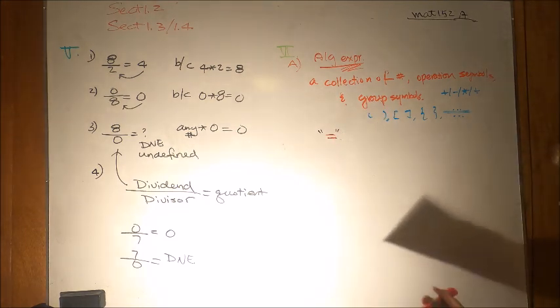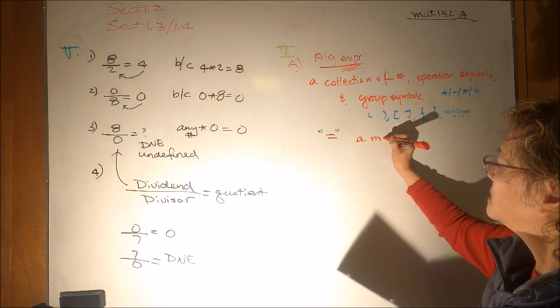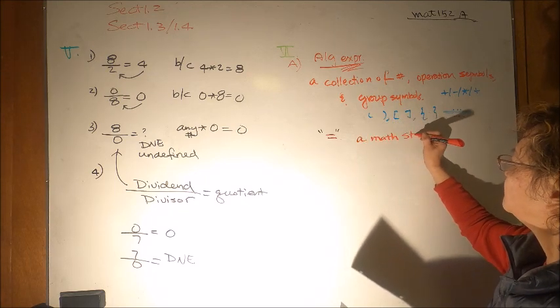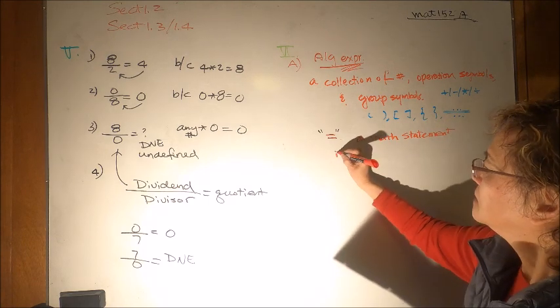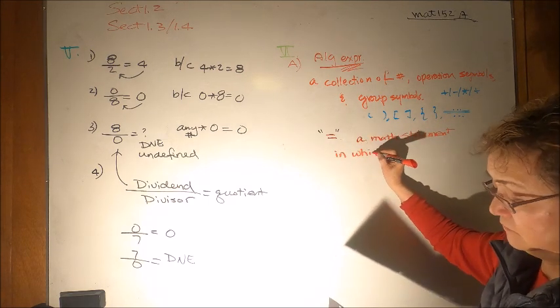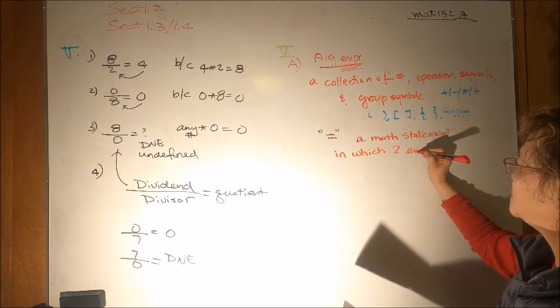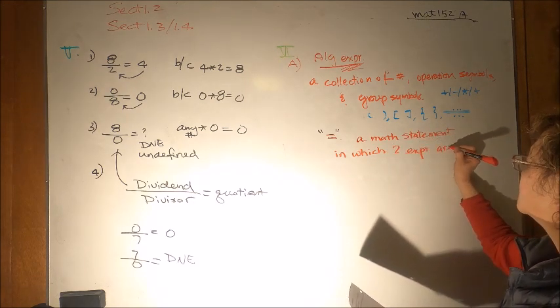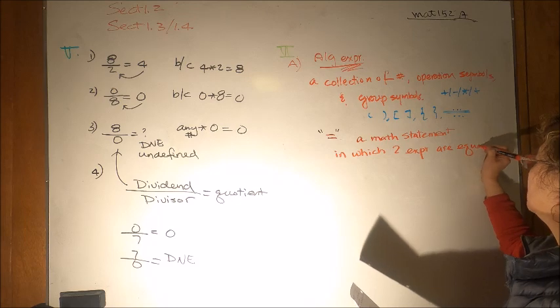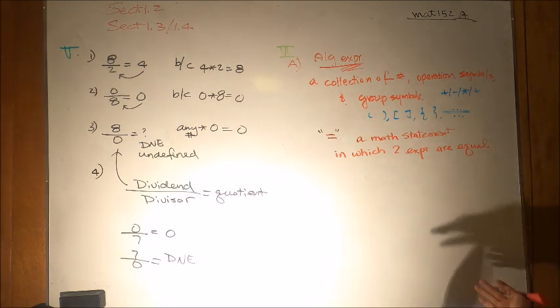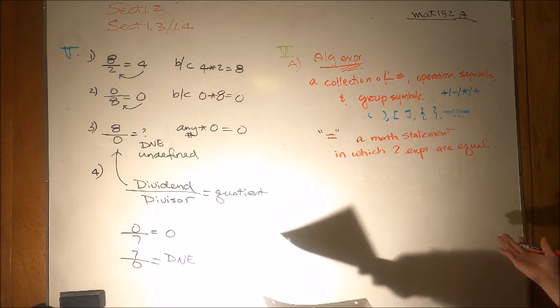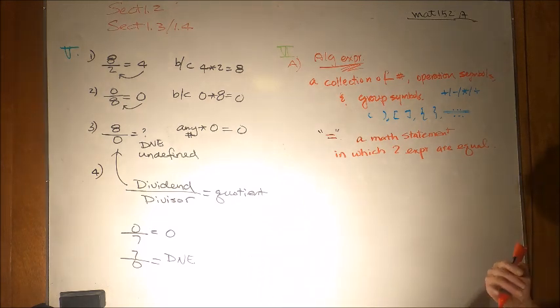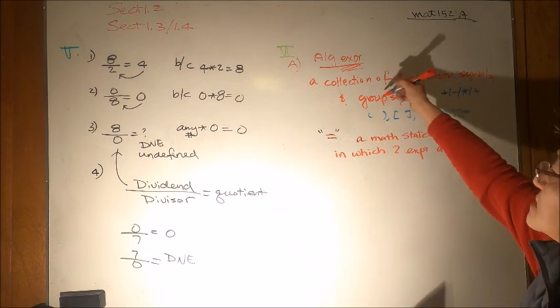The equal sign is what? We call it a math statement, in which two expressions are equal, right? The equal sign must be what? Two sides are balanced. They are the same. So you show an idea by expression.